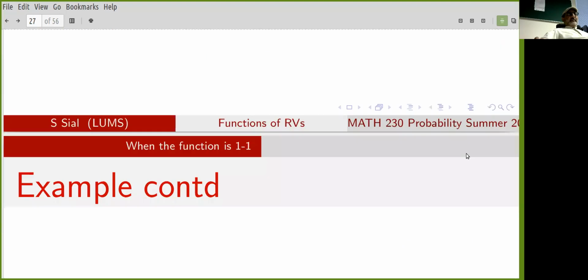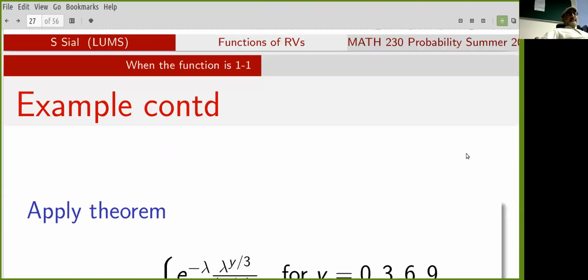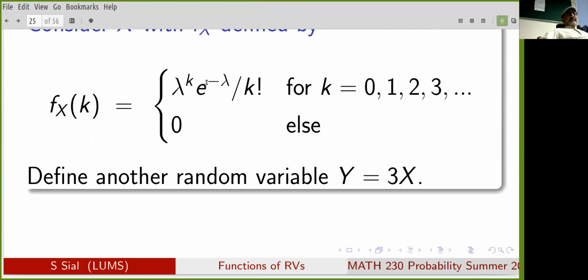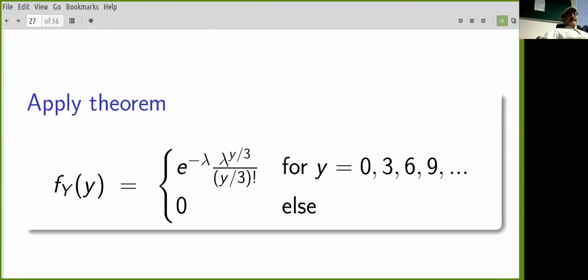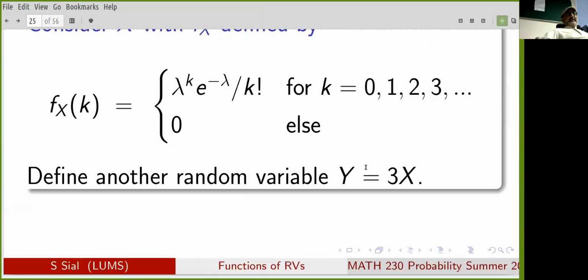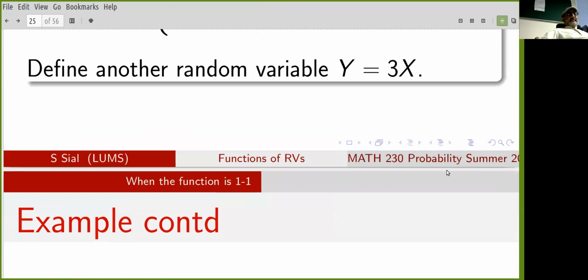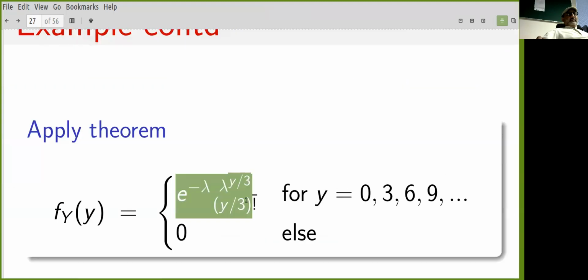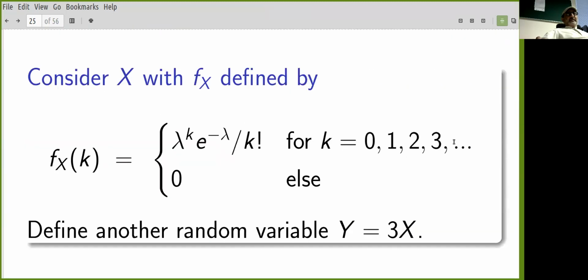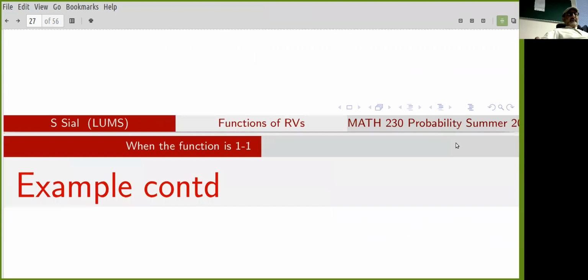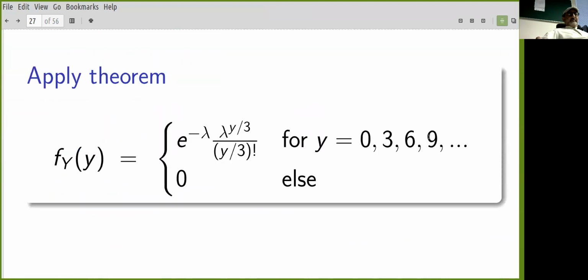Okay. So we have e to the negative lambda, lambda to the k, well, k is equal to y over 3, divided by k factorial, while k is equal to y over 3. And k is taking values 0, 1, 2, 3, and so y is taking values 3 times 0, 3 times 1, 3 times 2, 3 times 3, and so on. And otherwise, no other values occur.